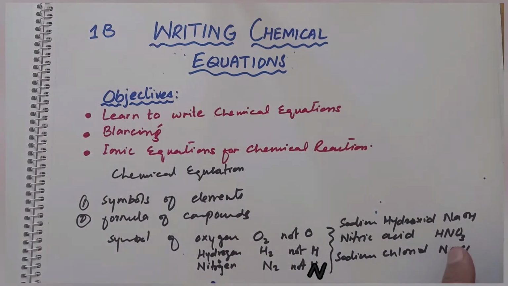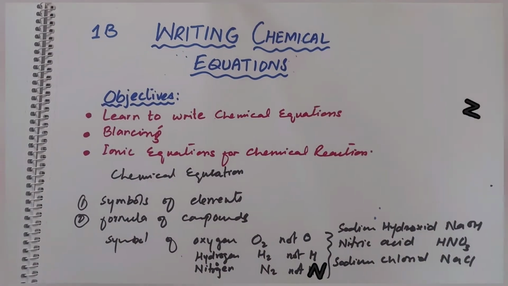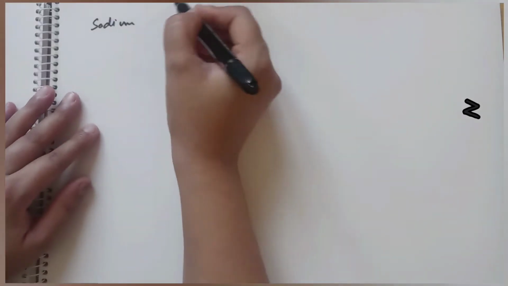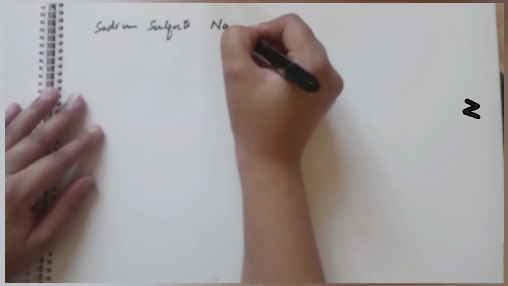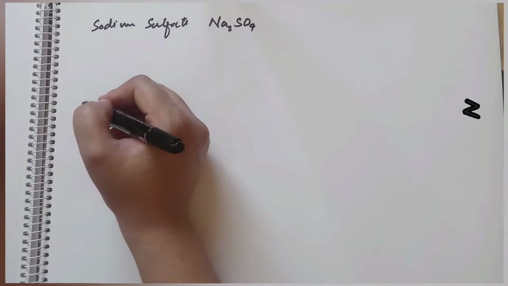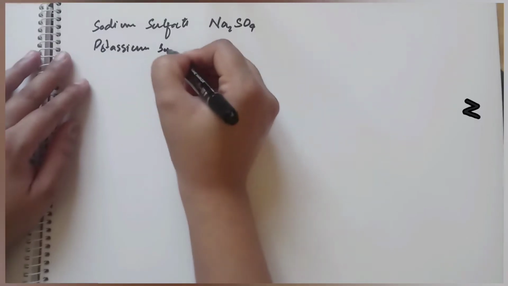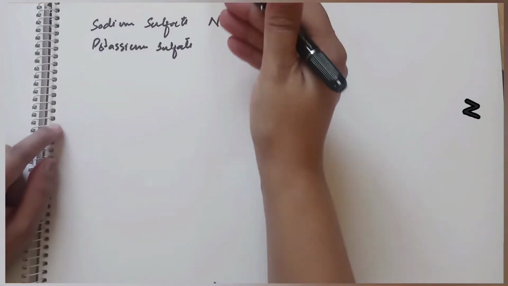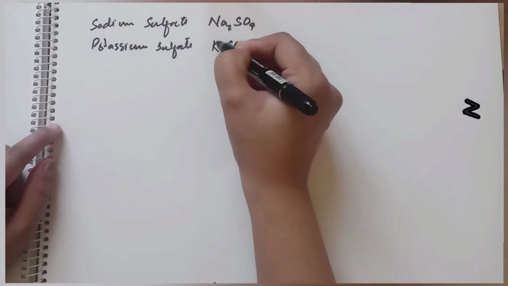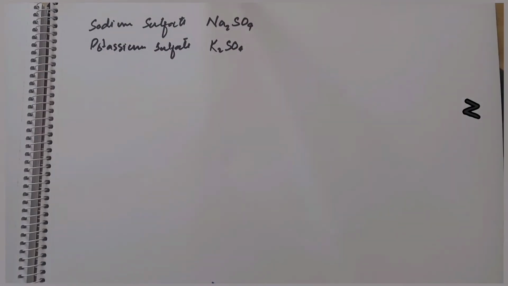For example, if you know the formula of sodium sulfate, that is Na2SO4, you can write the same formula for potassium sulfate, because sodium and potassium belong to the same group, so respectively their formulas will be the same, that is K2SO4.